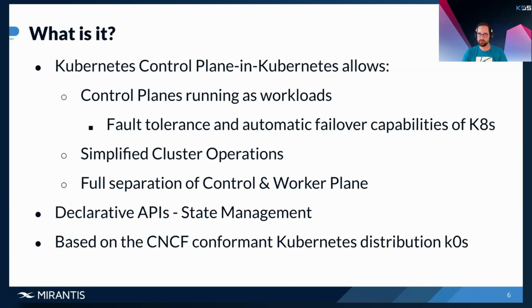And for any other Kubernetes cluster that you want to run, you can create control planes as a workload running in that management cluster, which allows fault tolerance, leverages the automatic failover capabilities of Kubernetes, and simplifies cluster operations. Because if you talk to the control plane of a specific cluster that you've created, you're talking directly inside of your management cluster.